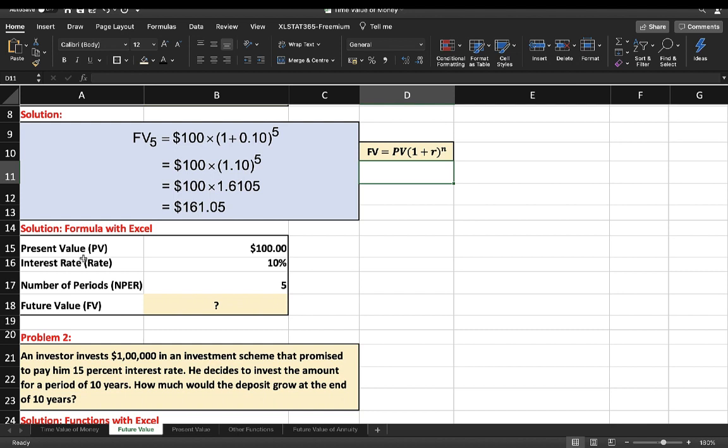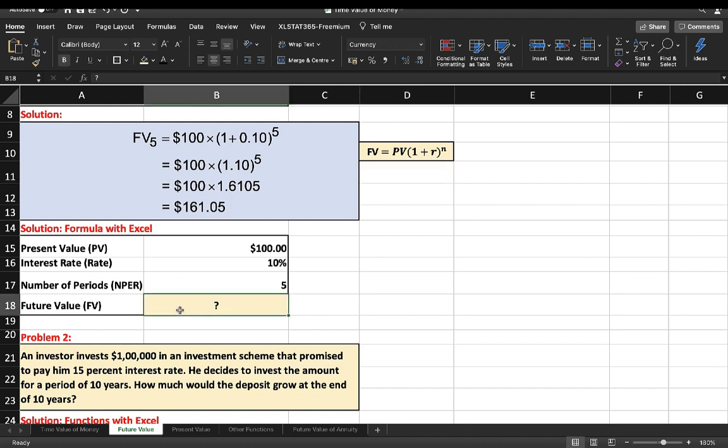As you see here, we have been given all these values. PV is the present value given in your question, then the interest rate, that is 10%, the number of periods, that is 5, and the future value.